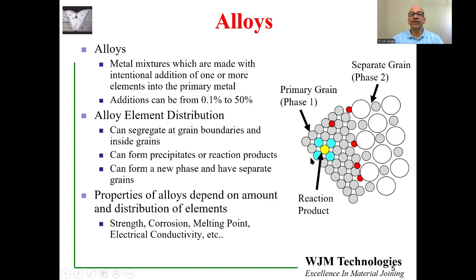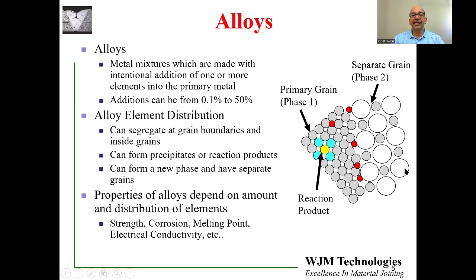So the alloy distribution, here I'm showing you a schematic on the right. We have one phase over here, which is the primary phase, where the dominant is the primary metal, the gray color, with some locations of impurities. You can actually have pockets of reaction products inside the grain, and that eventually leads to precipitation of a certain reaction product within a grain, called precipitation hardening.